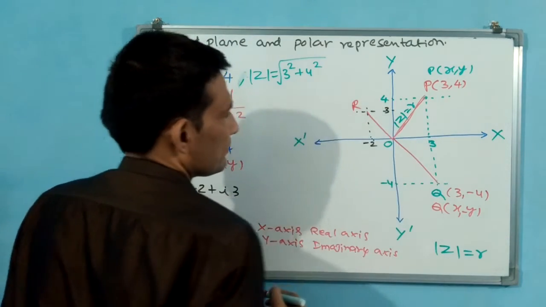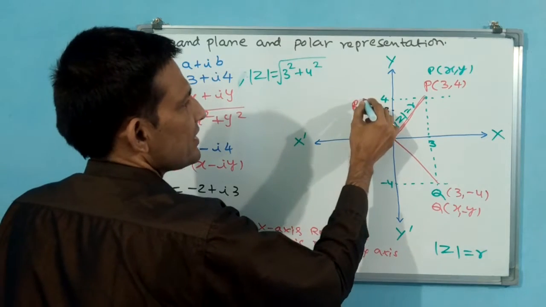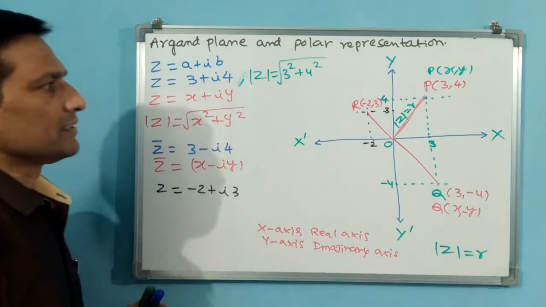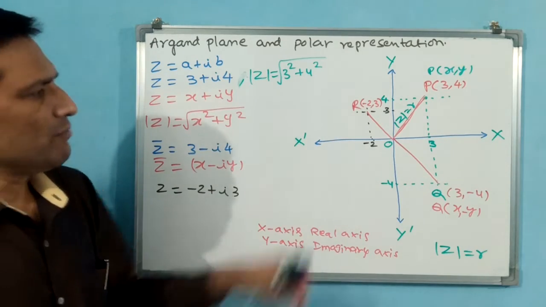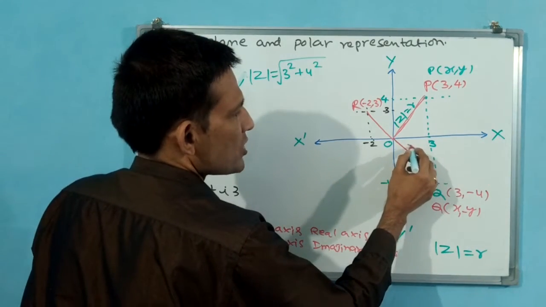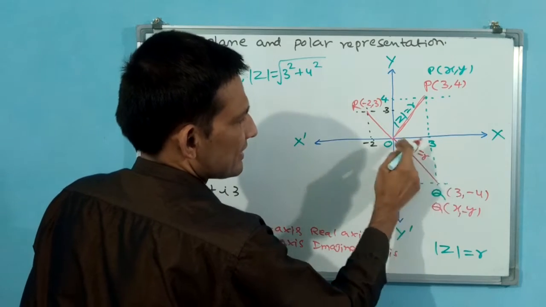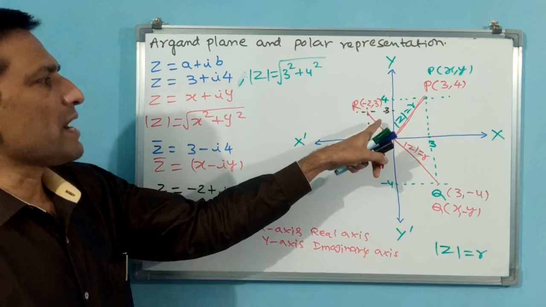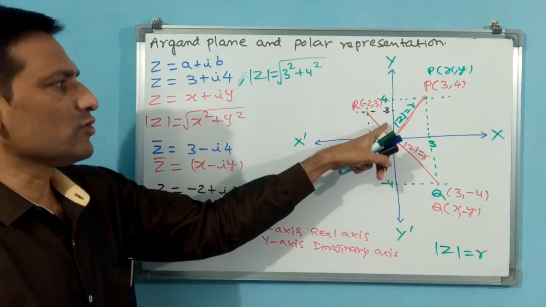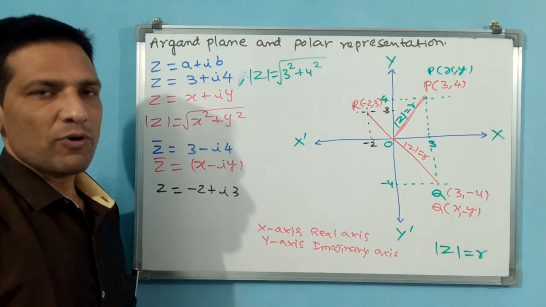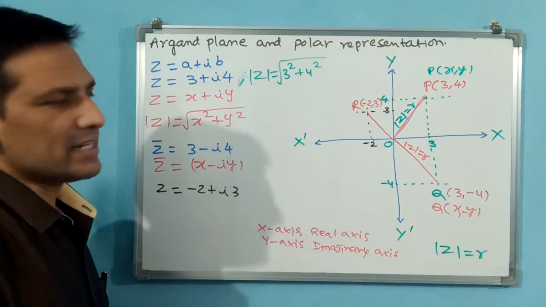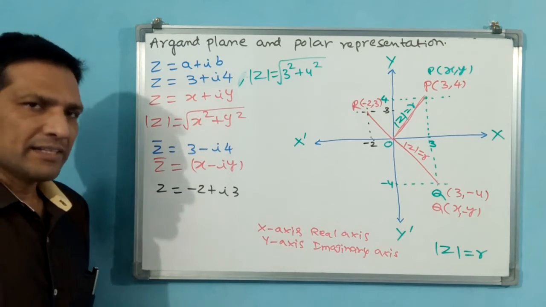This will be R. Here also modulus z is equal to r, this distance, always positive. Minus 2 square plus 3 square under root, 4 plus 9, 13. Root 13 is the distance, or r, modulus z.